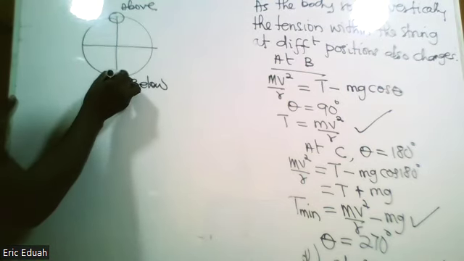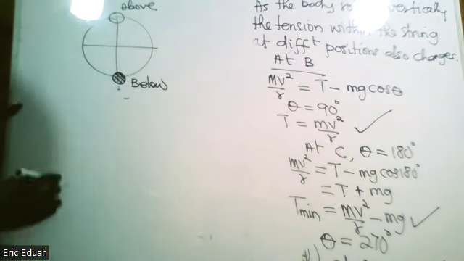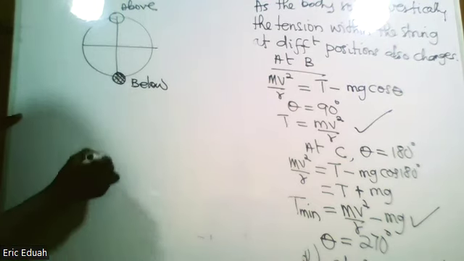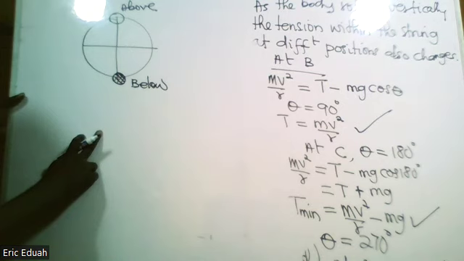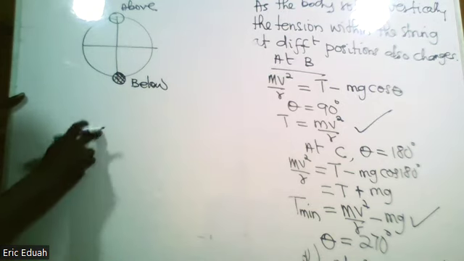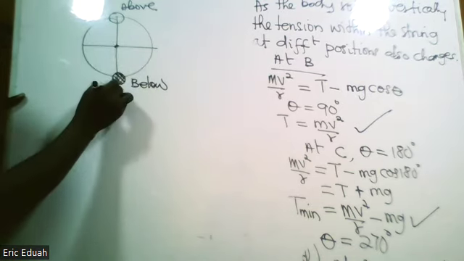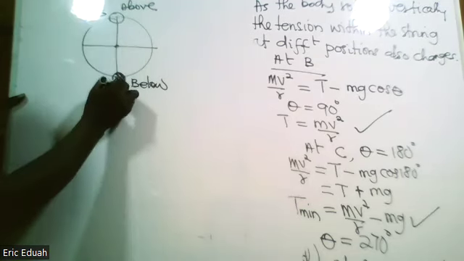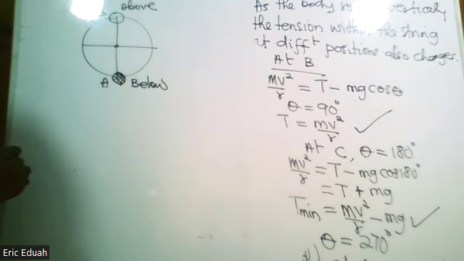Now below, the weight of the object, which direction will be the weight of the object? At A, B. Please, will it be up or down?